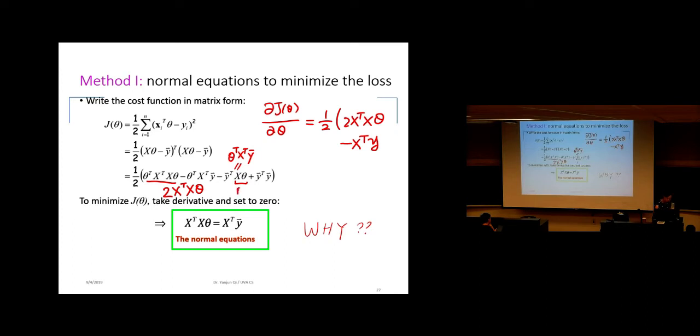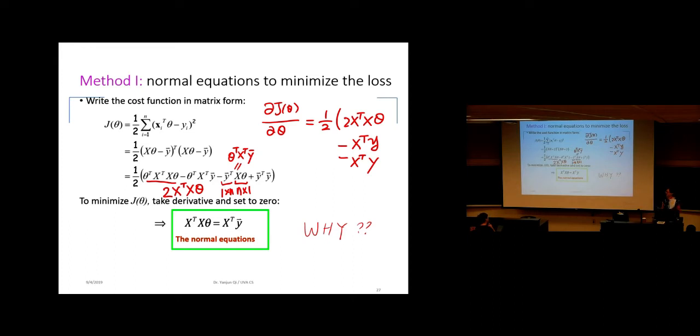And y bar is the true y. True y bar transposed is 1 times n. And look at this term. It's totally the same, just an inner product in a different form. The third term also contributes x transpose y in the gradient.